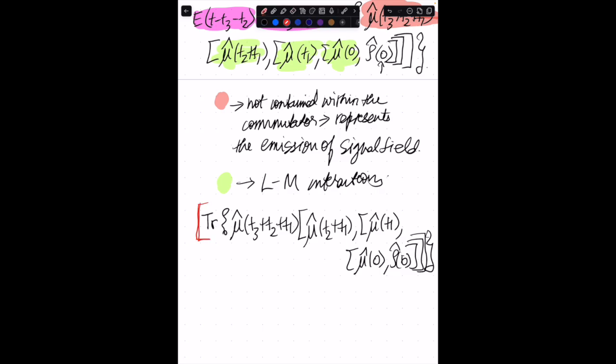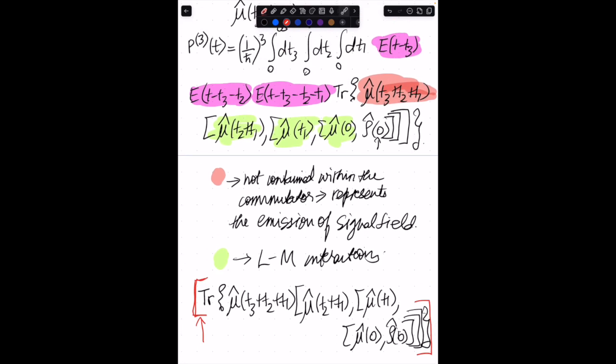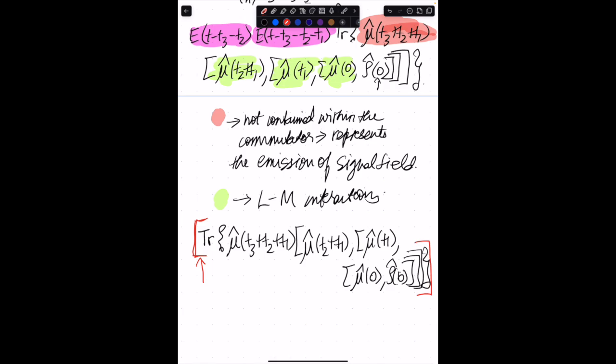So all of these derivations have led us to this point, and this is what you exactly want to derive. So this quantity here, which is multiplied with the three electric fields, is your third order nonlinear optical response function.